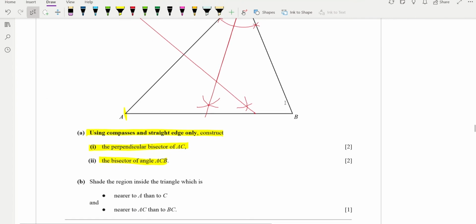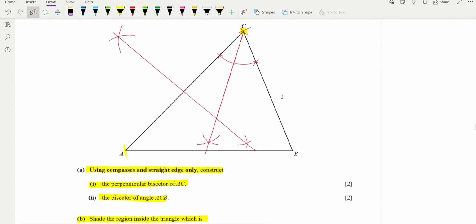This is part A, which we are done with, which is 2 marks. And then they are saying part B, shade the region inside the triangle which is nearer to A than C, and nearer to AC than BC. That region we will highlight.